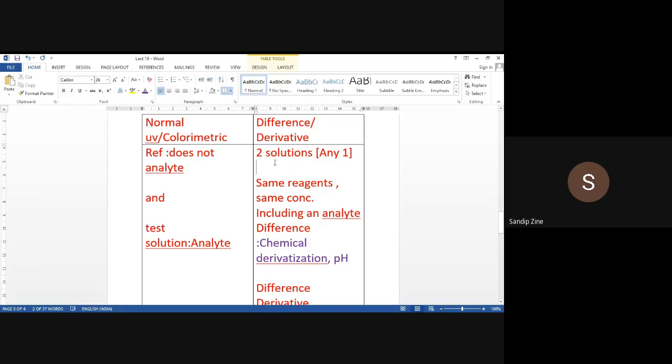For example, two solutions are there, solution X and solution Y. You can take either X or Y and change the pH.